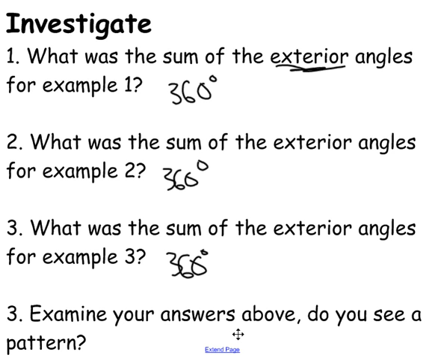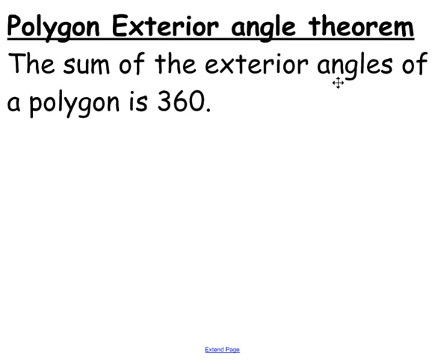Do you see a pattern? Yes, there is one. The sum of the exterior angles of a polygon is 360. So that's also something else to keep in mind, all right? You don't want to confuse exterior angles with interior ones. So remember, this is talking about exterior angles.